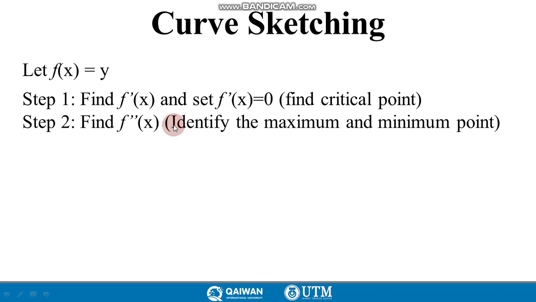In step 2, we find the second derivative of the function and then identify the maximum and minimum points. That means the points that we found in step 1, we determine them to be maximum or minimum points by putting them into the second derivative of the function.